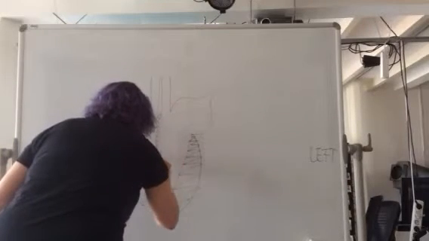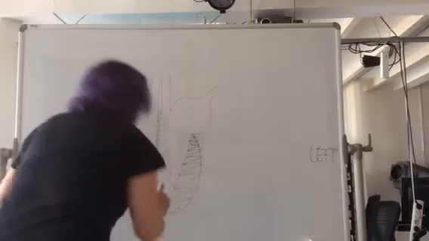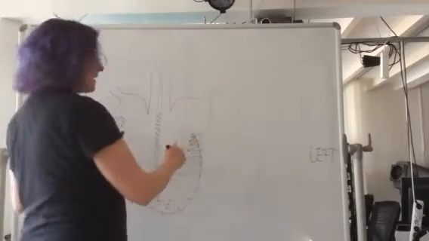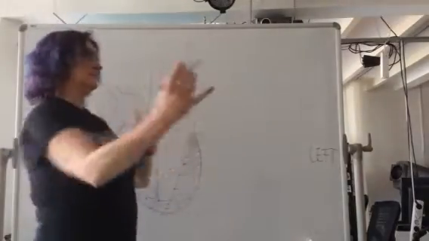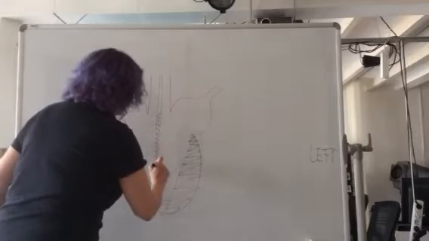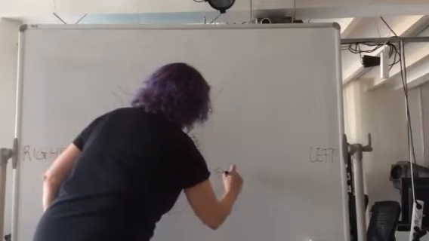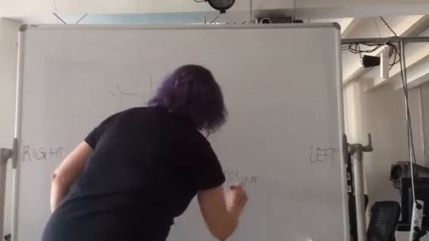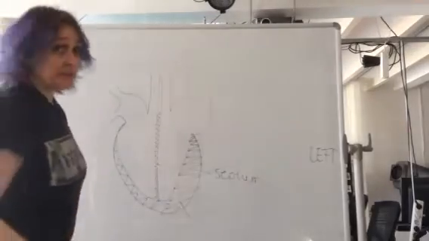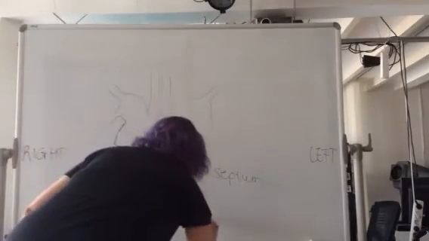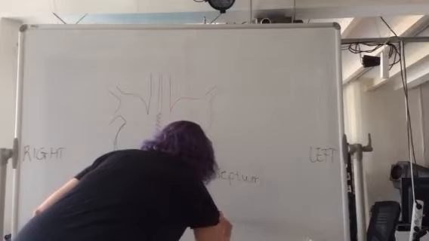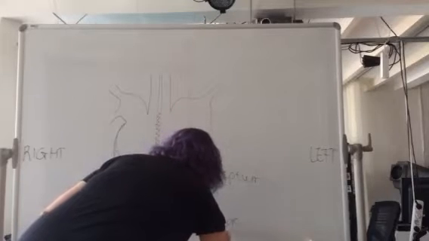And there's this part over here, which divides the right from the left. And that's called the septum. And this heart muscle over here is cardiac muscle. Okay.